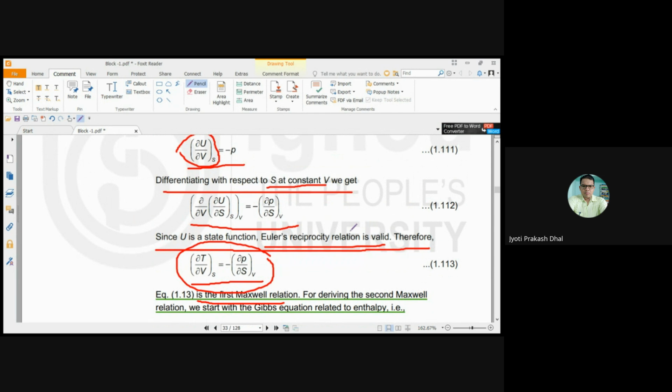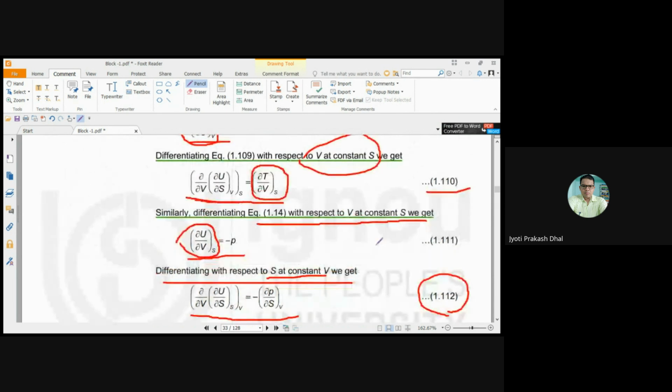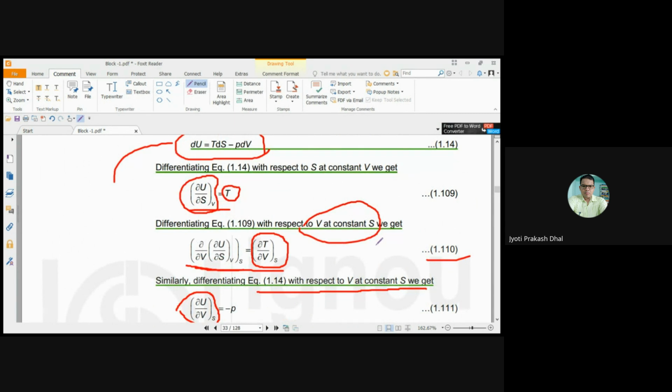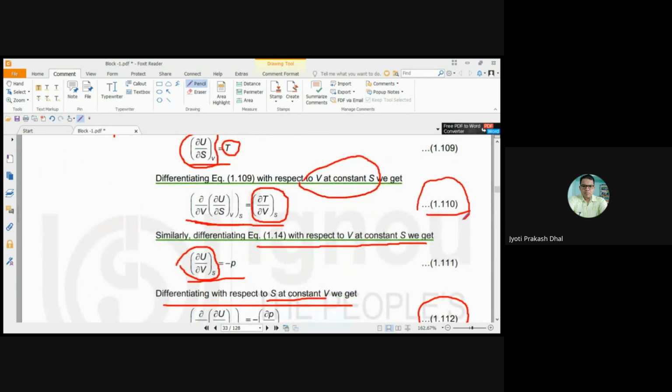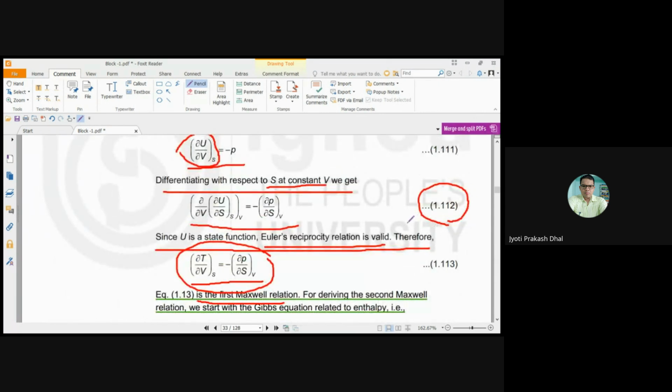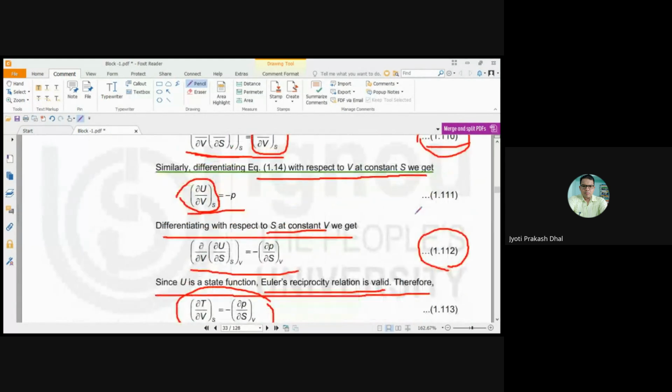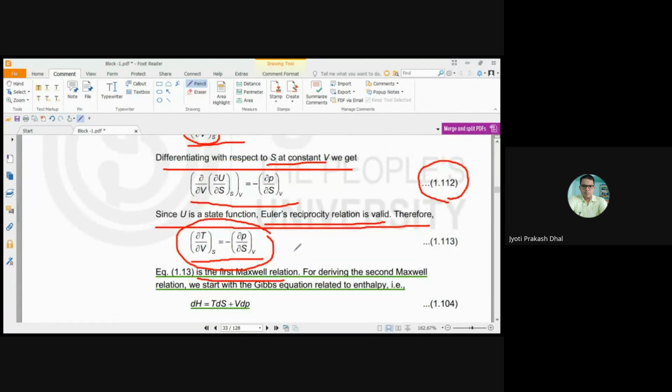If you compare equations 1.110 and 1.112, we can write del T by del V at constant entropy equals minus del P by del S at constant volume. So this one is the first Maxwell's relationship.